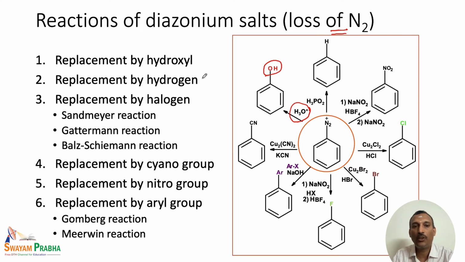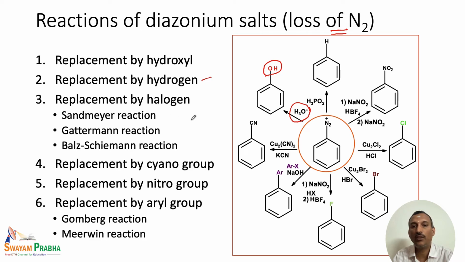The next one is replacement by hydrogen. H3PO2 reaction with diazonium salts leads to the loss of nitrogen, and hydrogen replaces it. So we simply get the substitution of the N2 group. The next one is the replacement by halogen atom. We have different types of reaction: Sandmeyer reaction, Gattermann reaction, and Balz-Schiemann reaction.